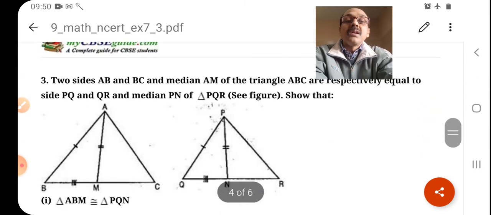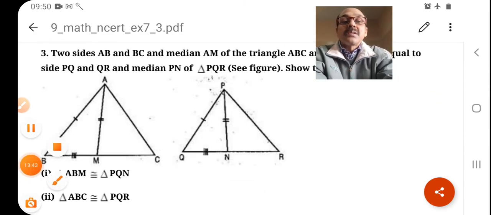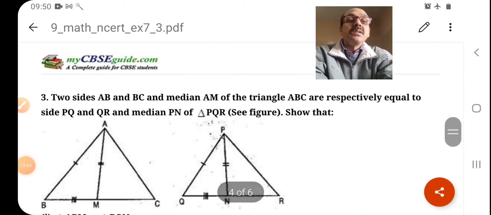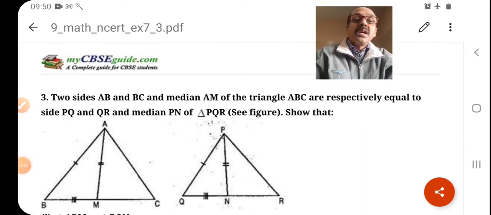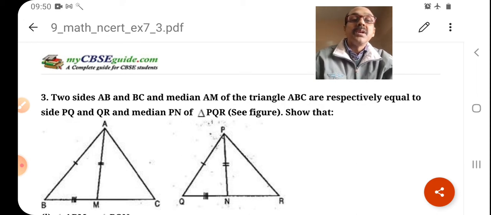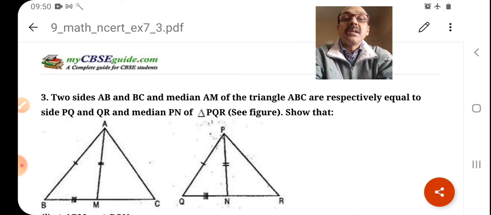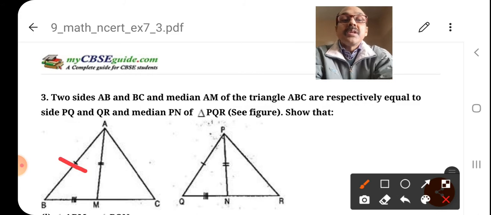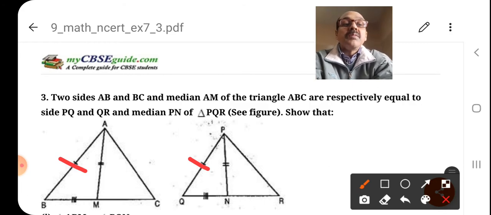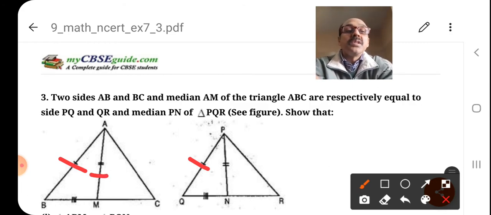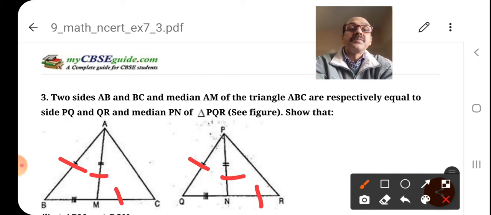Okay. So the next question is question number 3. Two sides AB and BC and median AM of triangle ABC are respectively equal to sides PQ and QR and median PN. That means AB equals PQ, AM equals PN, and side BC equals QR.